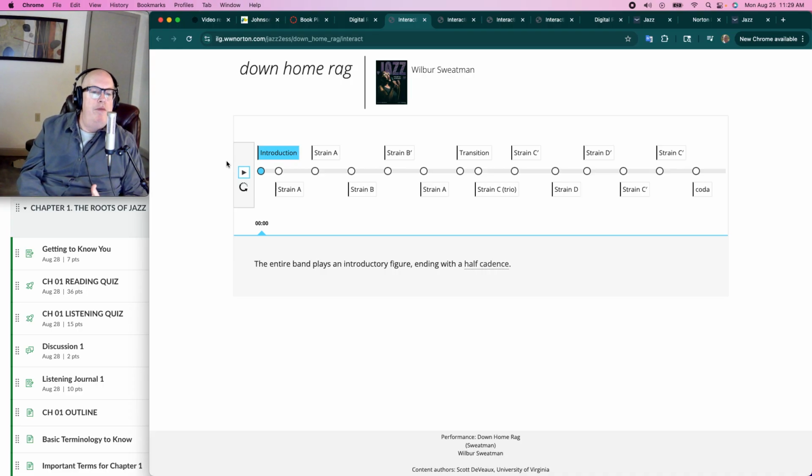And I think one of the key points they're trying to convey in the book is that there was variation going on. Unlike European classical music, where music tended to be written down, and while there were theme and variations since the beginning of time, here he's improvising these variations as he goes, and it adds great effect.